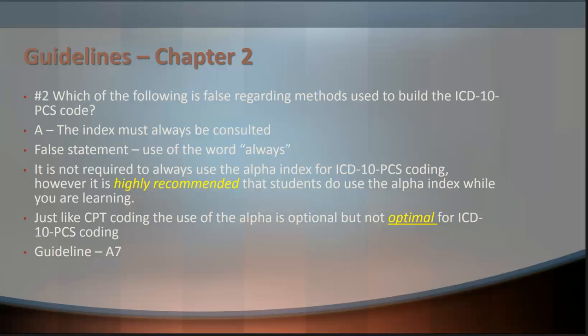It's part of how that coding classification system was built. This is not true when we talk about ICD-10 PCS, and that is noted also in guideline A7, which is found in Chapter 2, and also would be in the front of your ICD-10 PCS coding manual.